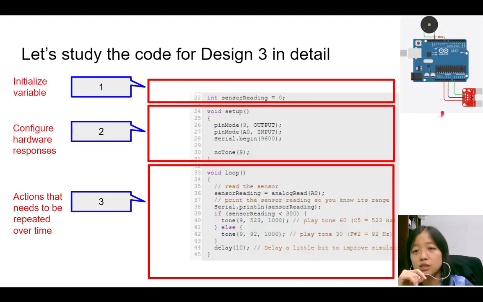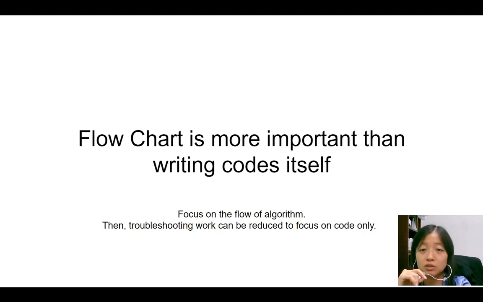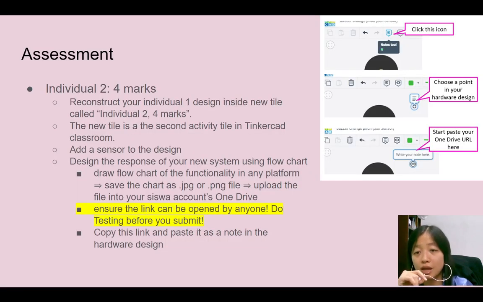If you choose a sensor that only has VCC, GND, and one analog pin, it's easier to modify your circuit, right? My suggestion lah. So you can choose a sensor that has that kind of pin out, okay. Anyway, you have to design the response of your new system using a flowchart, right?